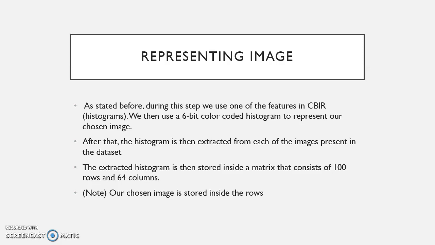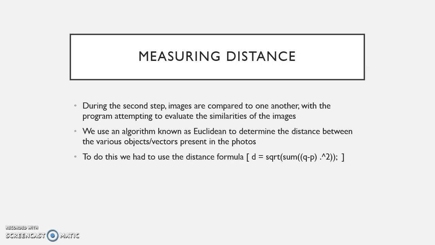After the histogram is filled, it's extracted for each one of the images in the data set. Once those are extracted, they're stored in a matrix that consists of 100 rows and 64 columns, and the rows represent the images.